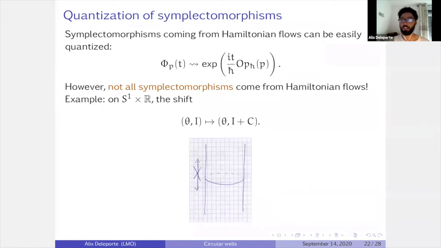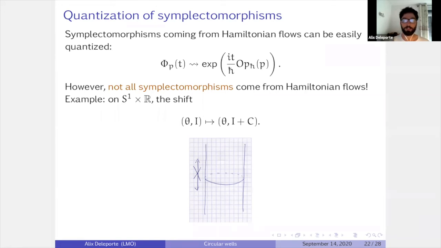If your symplectic change of variables is given by a time evolution of some energy, you can just quantize it by considering the quantum evolution, and the quantum evolution is going to mimic the classical evolution. That's the Egorov theorem. But unfortunately, not all symplectomorphisms come from Hamiltonian flows.